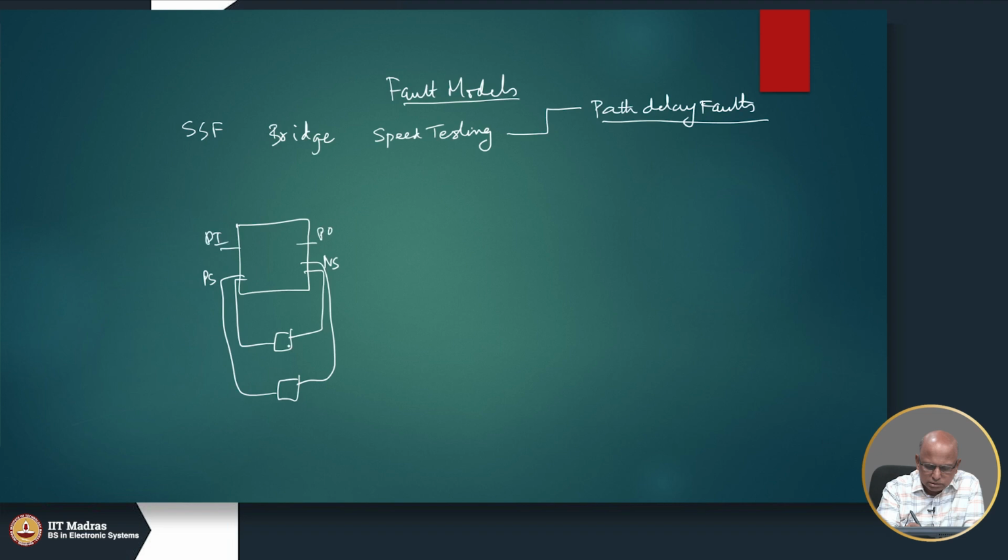For the synchronous sequential circuit to work correctly, when the clock comes, this D has to get captured in Q. Then there may be a path from the output Q all the way up to the next input D, and that path must get settled before the setup delay.